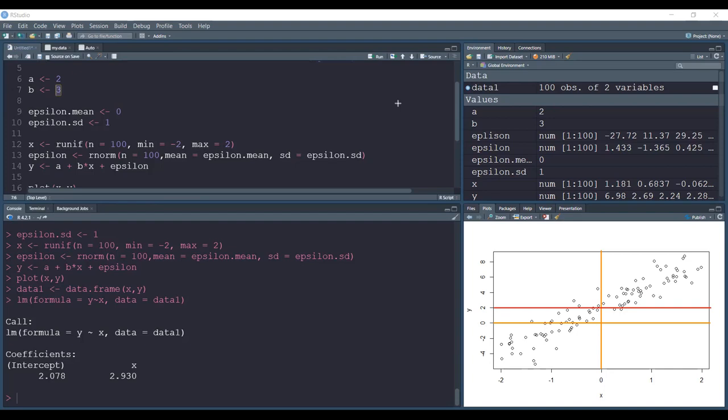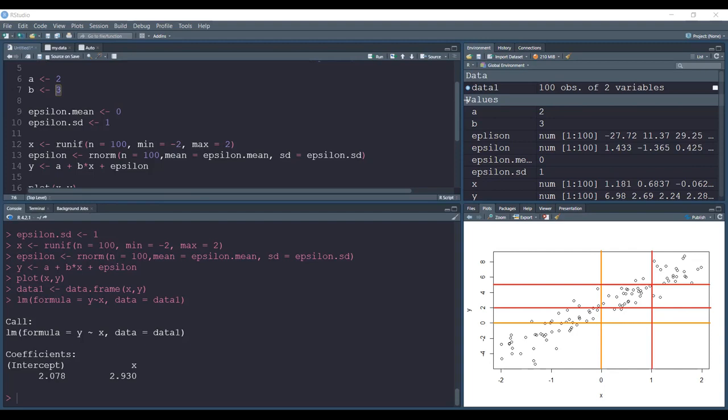So we can very quickly, we need a gradient of 3, right? So if I move 1 to the right, then I need to go up from 2. Do I need to go up to 5? So the true relationship passes from 0, 2, and then it needs to go through 1, 5, right?